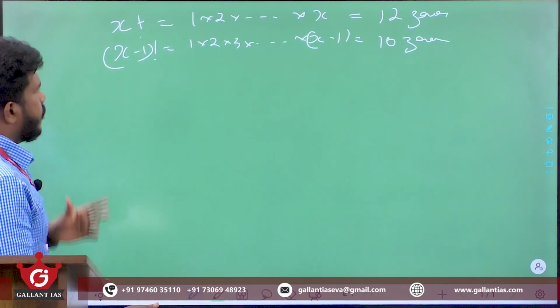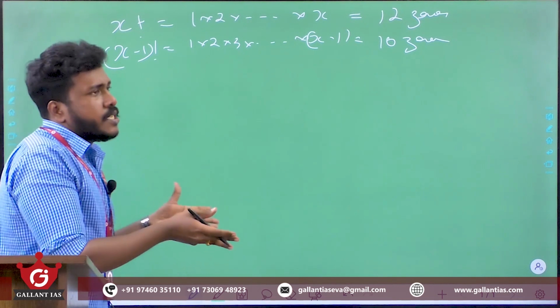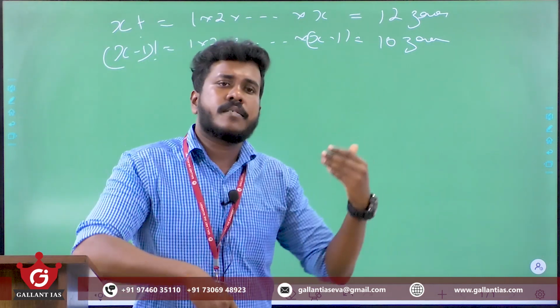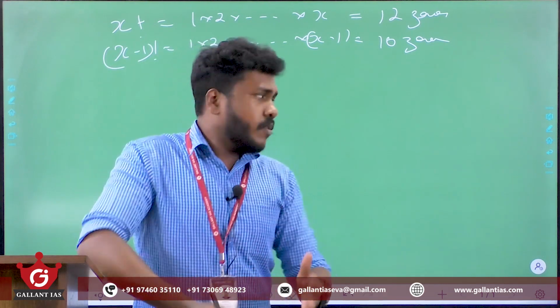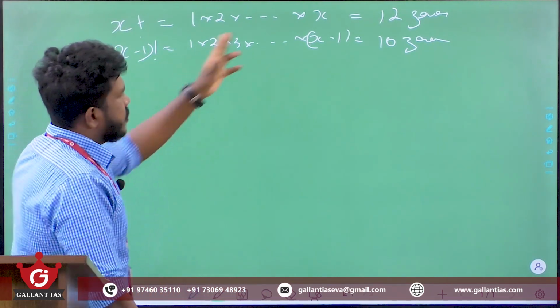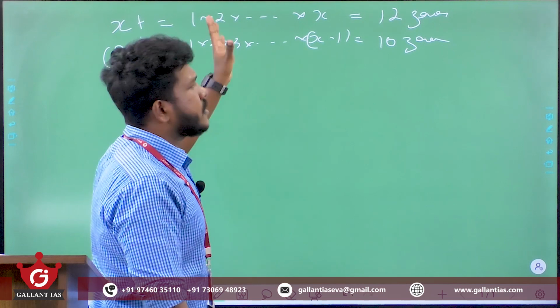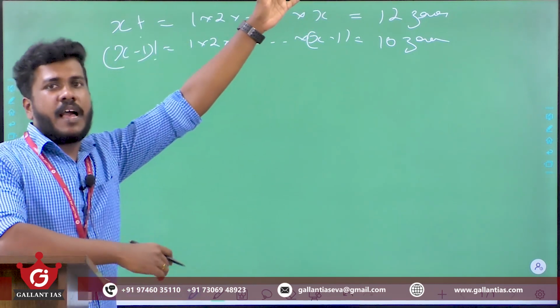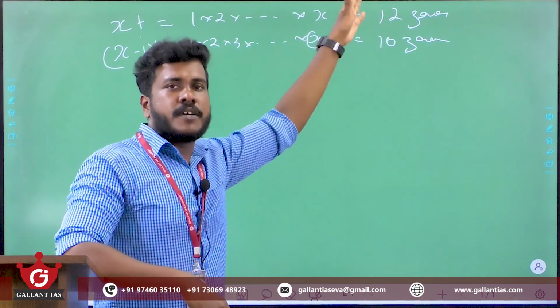For that, just check the multiplication and how many zeros will come. First of all, we don't know the value of x. Maybe it will be after 50 or after 100.